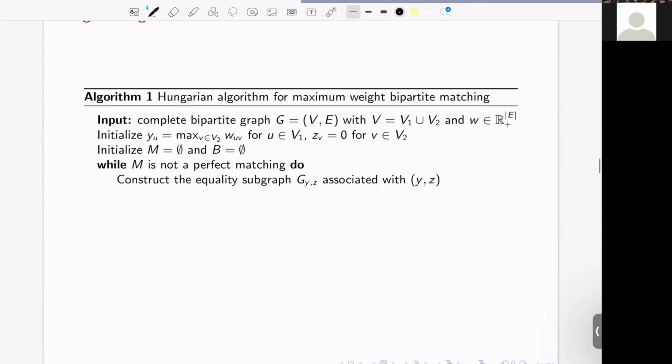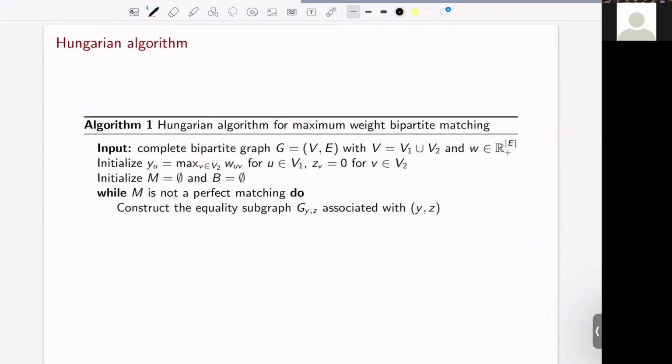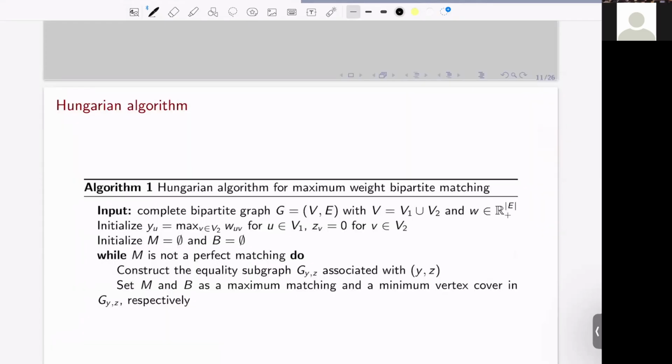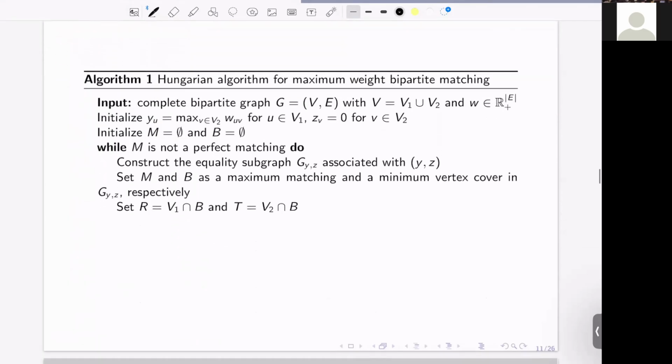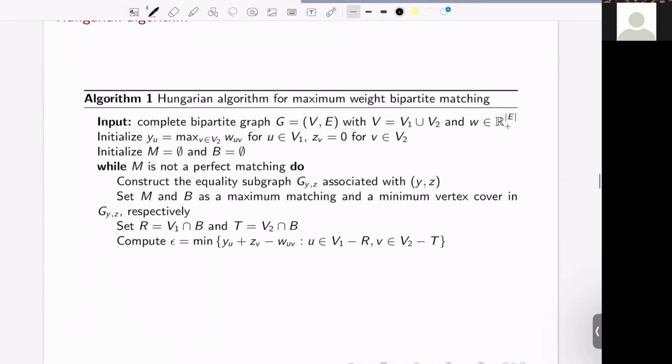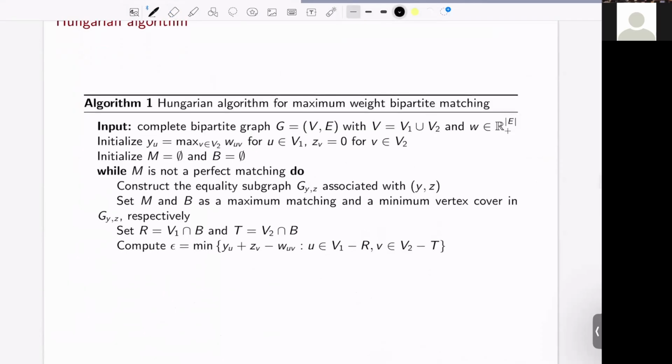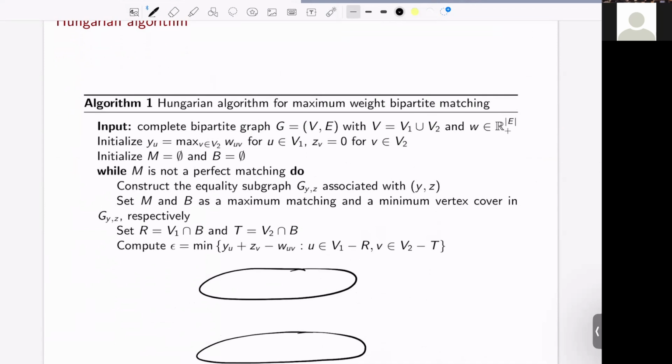We look at the equality subgraph, using just the edges satisfying the constraint with equality. And we run the augmenting path algorithm to compute a maximum matching and a minimum vertex cover. And here's the tricky part. I have these top vertices and bottom vertices, y and z right here.